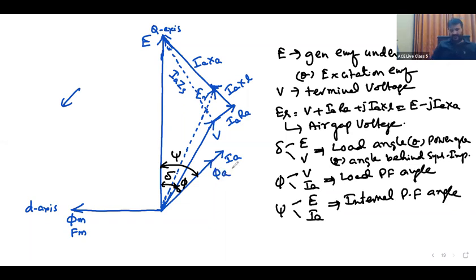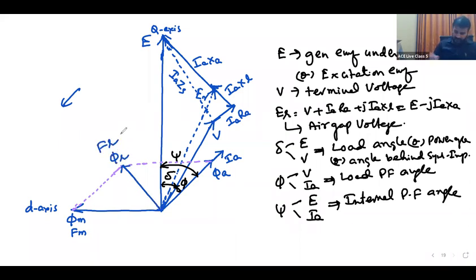This is phi A. Now take the resultant of phi M and phi A. This is called phi R, the resultant flux, phi R or FR.